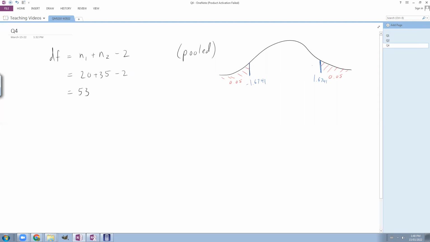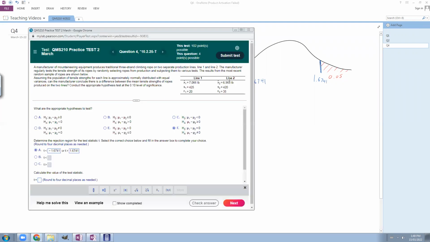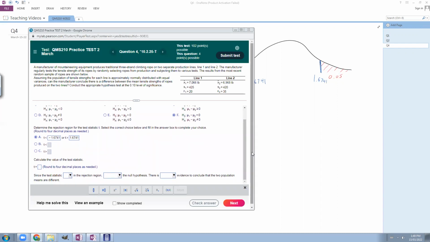The area I've highlighted in red is the rejection region. This is the area when t is greater than 1.6741 on the right, or when t is less than negative 1.6741 on the left here. Okay, so that's our critical value section and our rejection region.